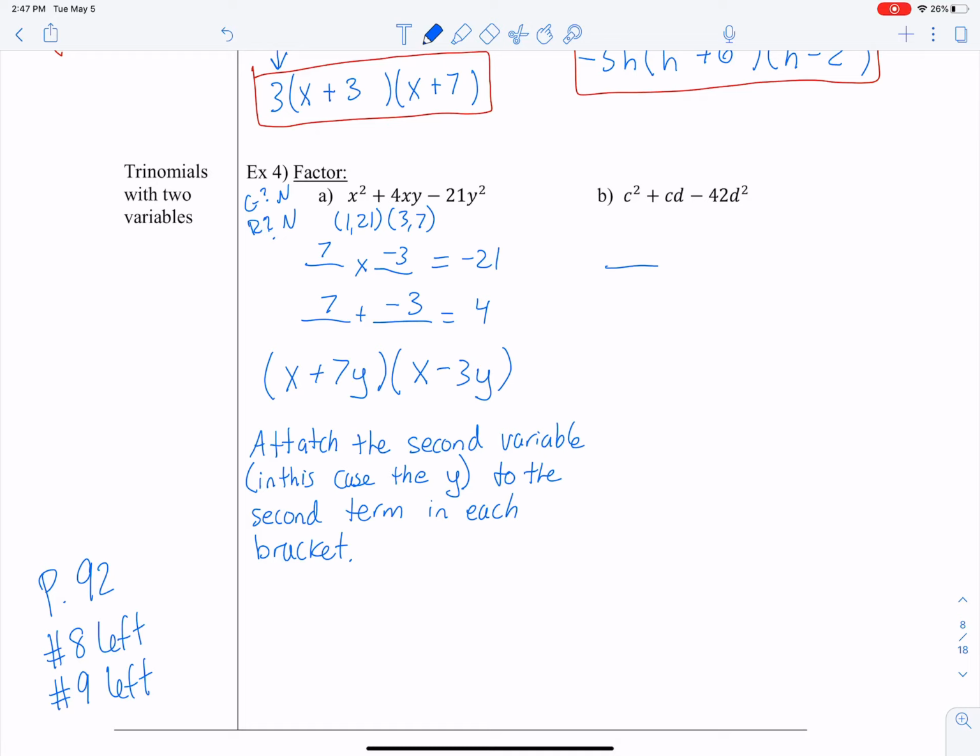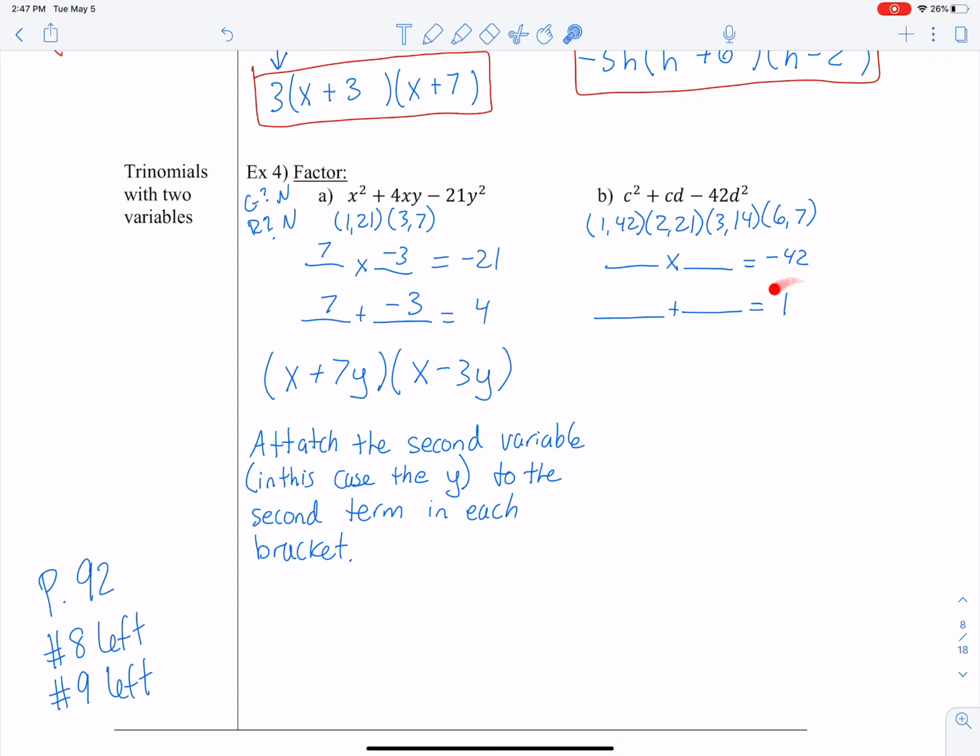We want two numbers that multiply together to give us negative 42 and add together to give us 1. So we're going to write out the factors for 42. We have 1 and 42, 2 and 21, 3 and 14, and 6 and 7.